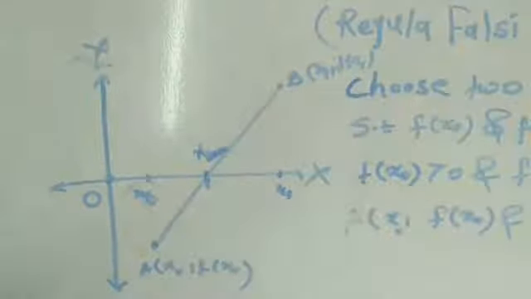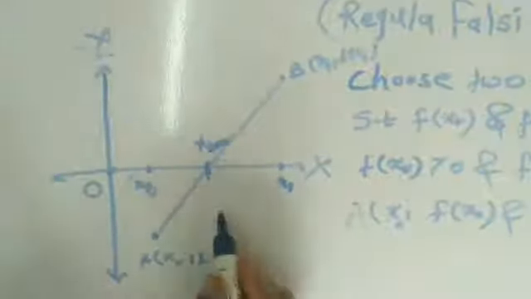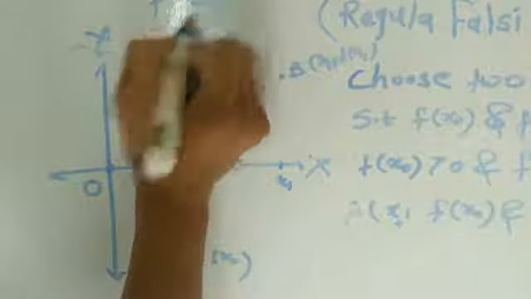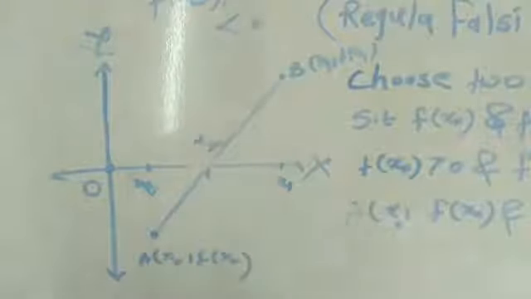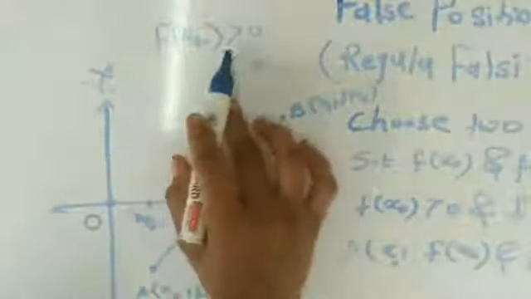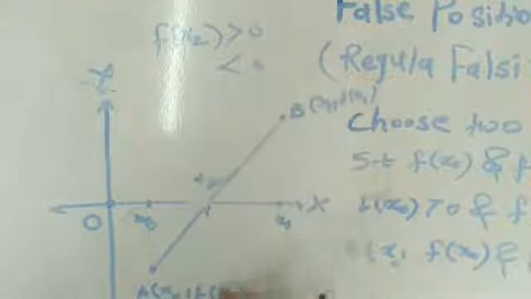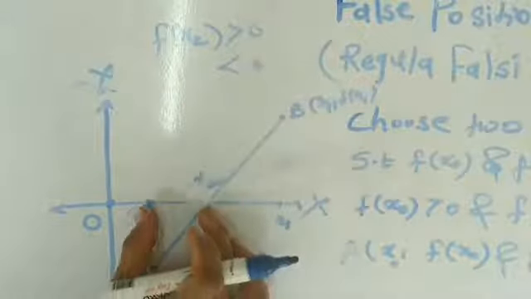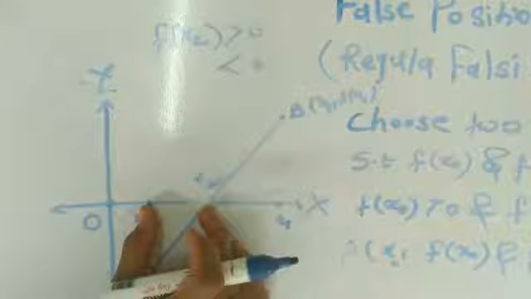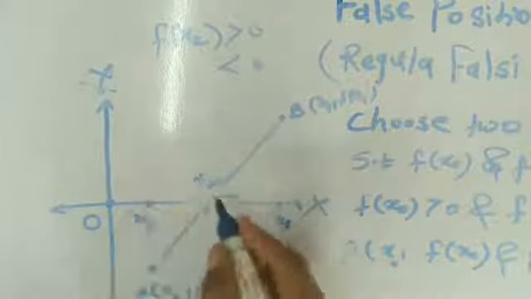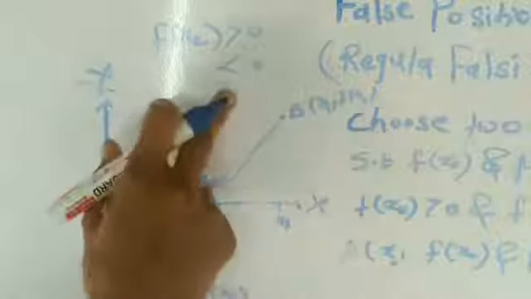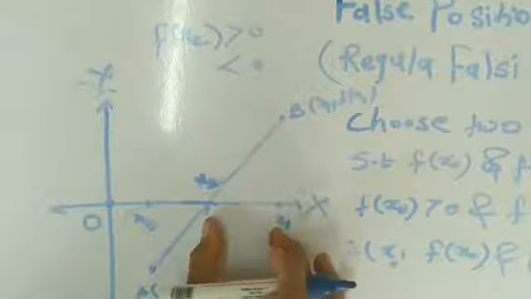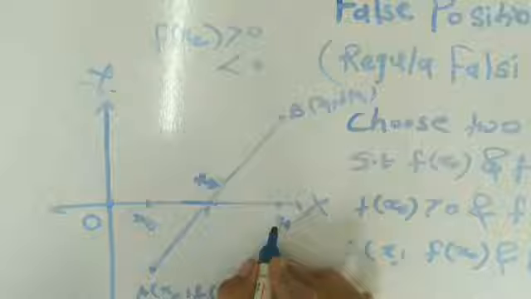Again we find f of x2 and see whether f of x2 is greater than 0 or less than 0. If f of x2 is greater than 0, then the search interval is x0, x2, and if f of x2 is less than 0, then the search interval is x2, x1.